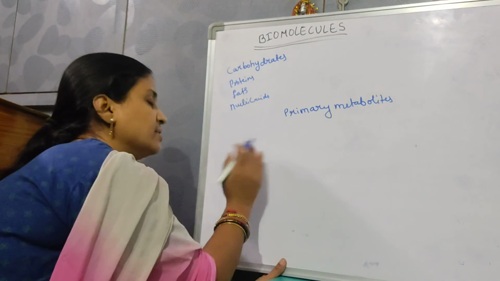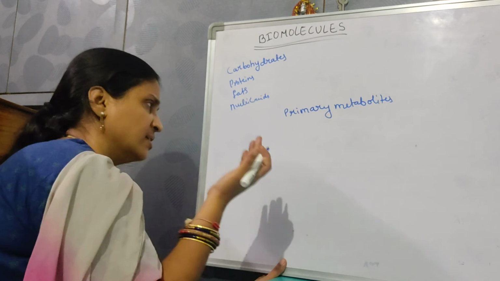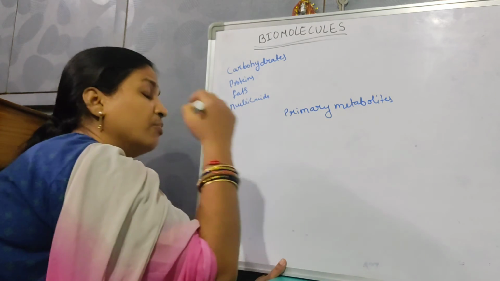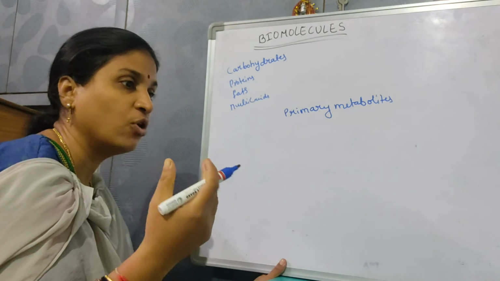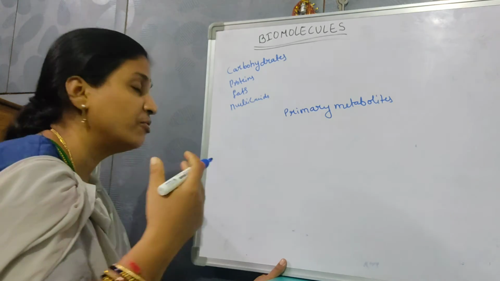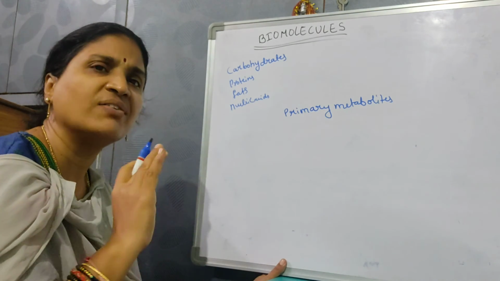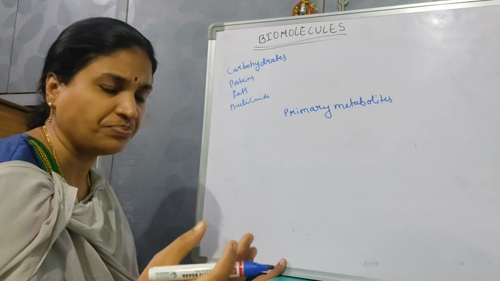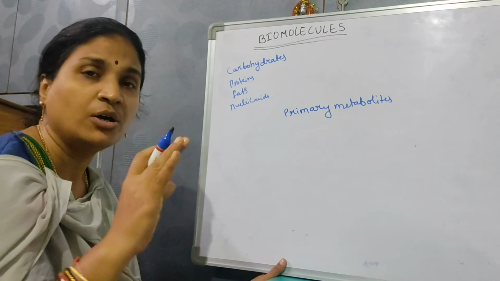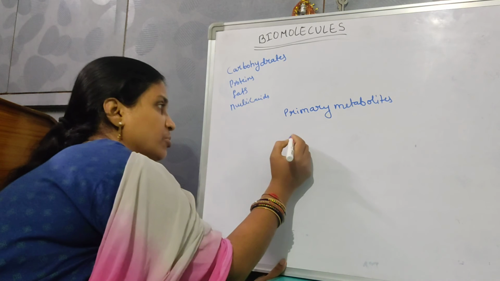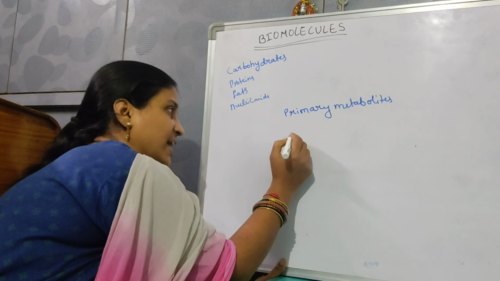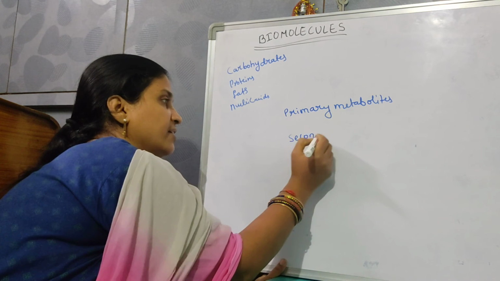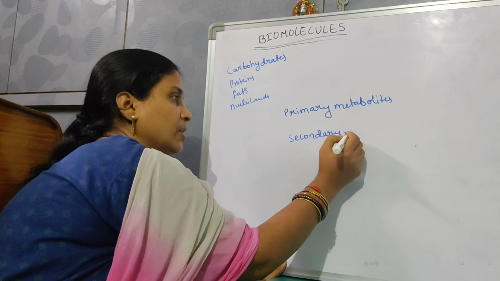Then in plants and other living organisms, some metabolites are formed which do not have any physiological role. They do not have any particular function in the living organism. Such metabolites are called secondary metabolites.